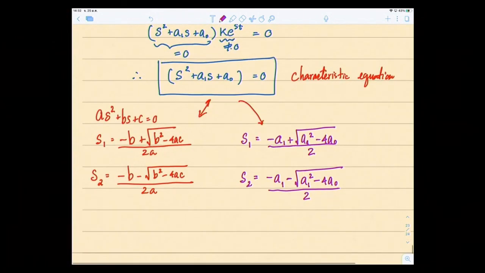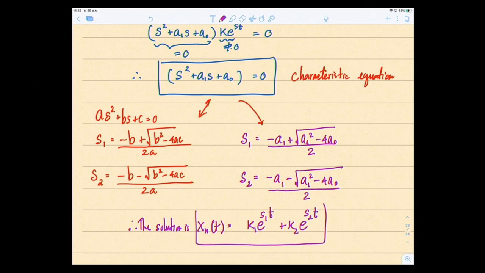So our solution, our natural response solution, xn of t, would consist of two terms in the form of k1 e to the s1 t plus k2 e to the s2 t. So this is our natural response form.